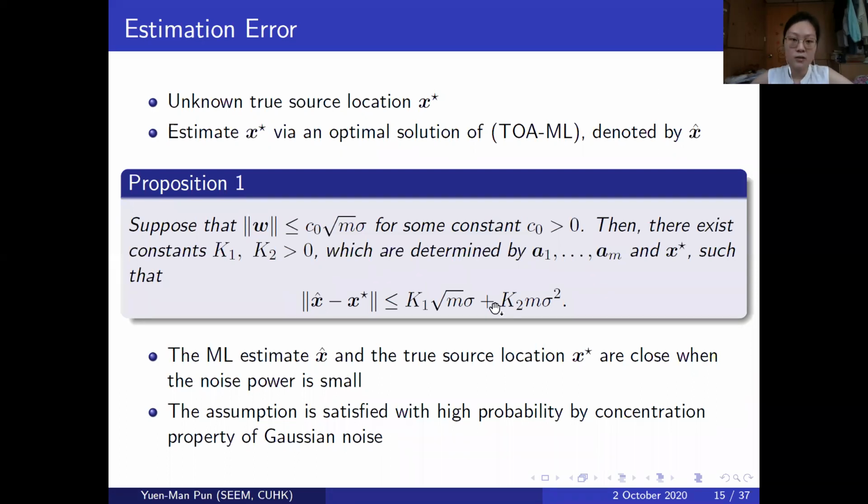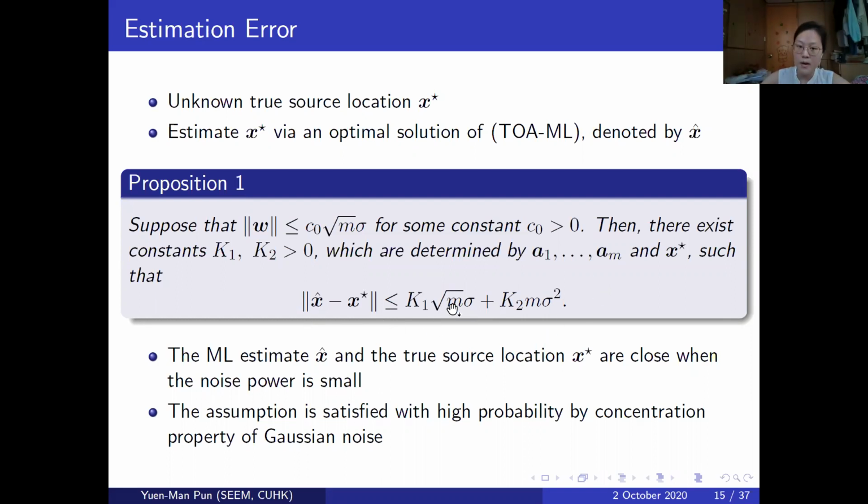In proposition 1, we show that the distance between x hat and x star is upper bounded by the quantity here.